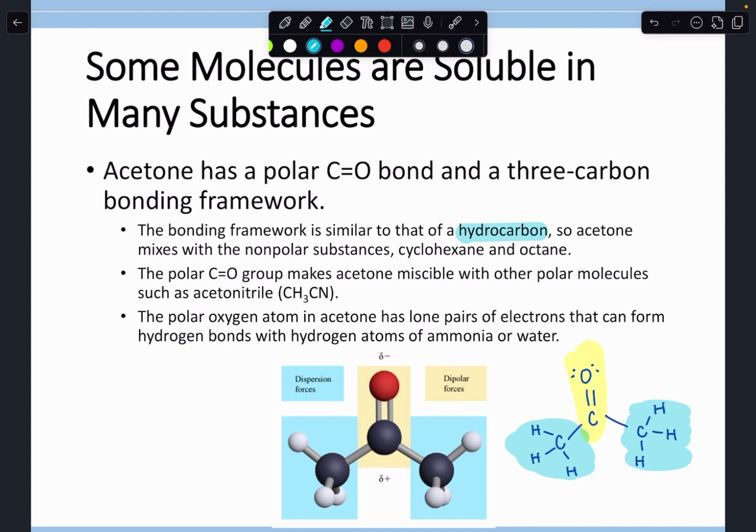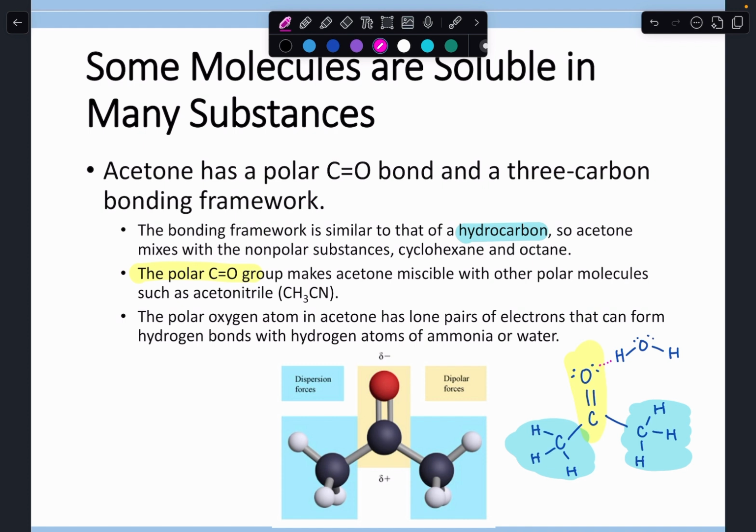The polar carbon to oxygen group makes acetone miscible with other polar molecules, like acetonitrile, for example. The polar oxygen atom also has lone pairs. So if there were another molecule with a hydrogen bonded to oxygen, nitrogen, or fluorine, it can interact with it through a hydrogen bonding interaction, intermolecular force there.